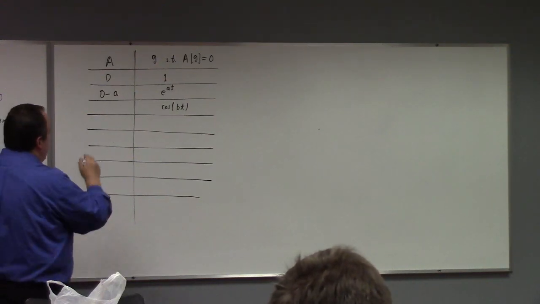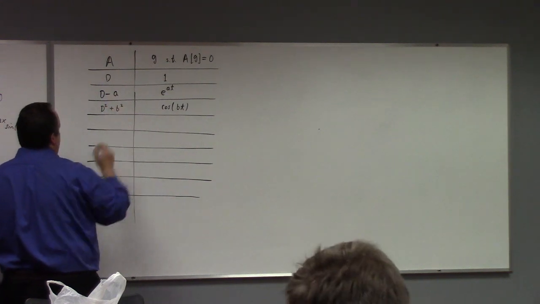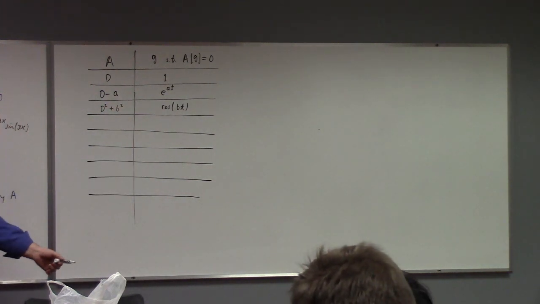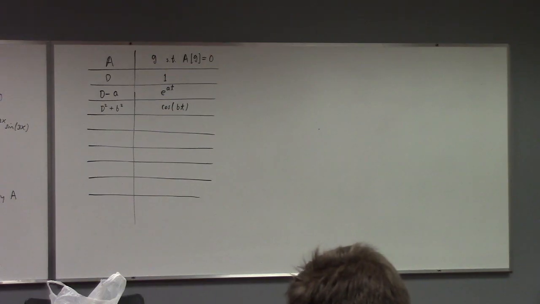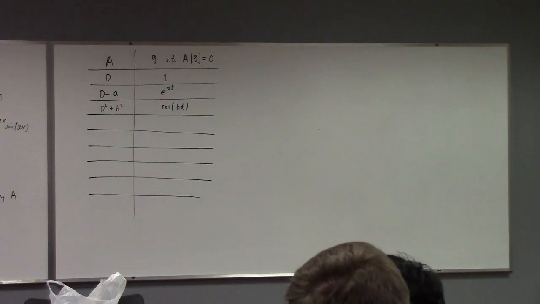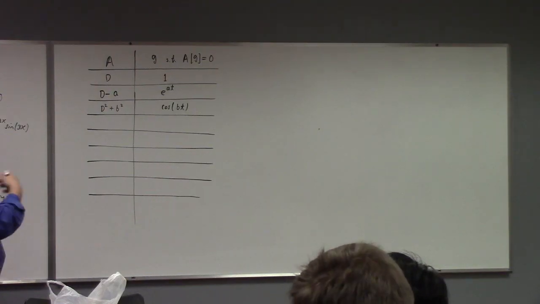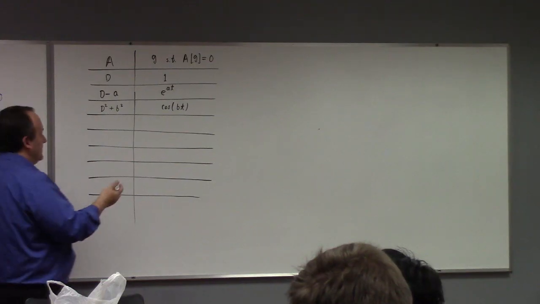That we would do D squared plus b squared. That would kill that, because that's coming from lambda equal to plus or minus ib, and that's the solution of lambda squared plus b squared equals 0. Really just working the results from last week backwards.